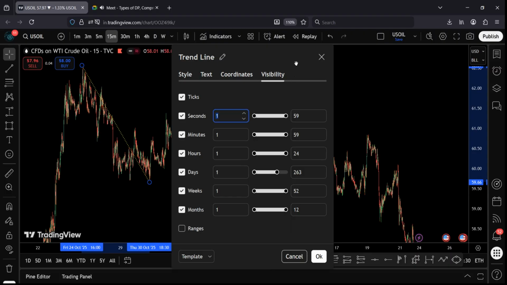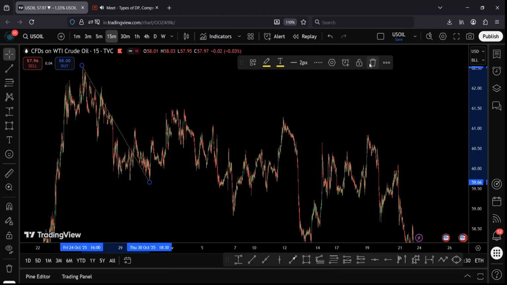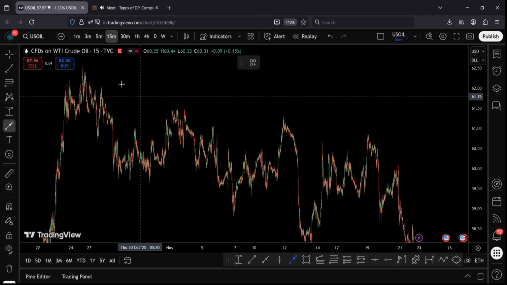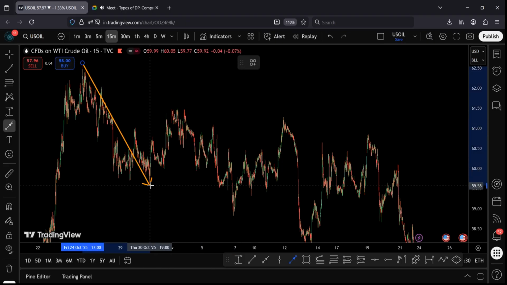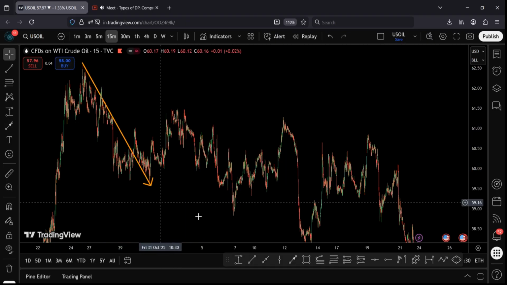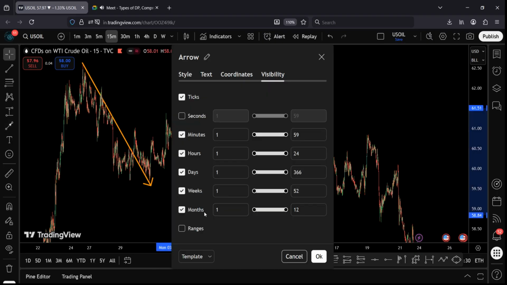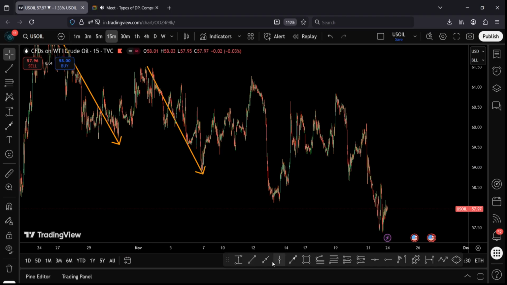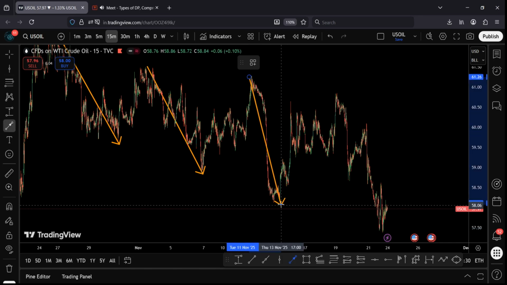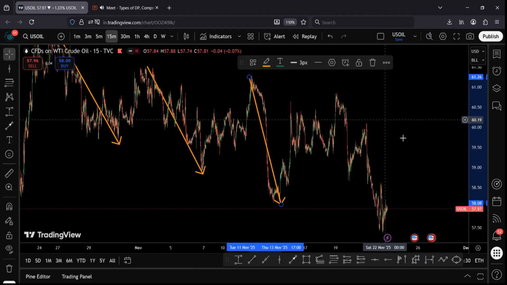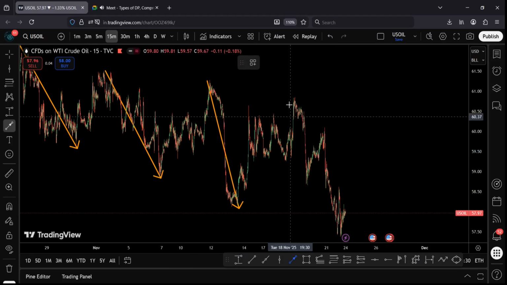This one, this fall has a different variation. Then this fall has a different variation. Then again this fall has a different variation. This one has a different variation. And again this one has a different variation.